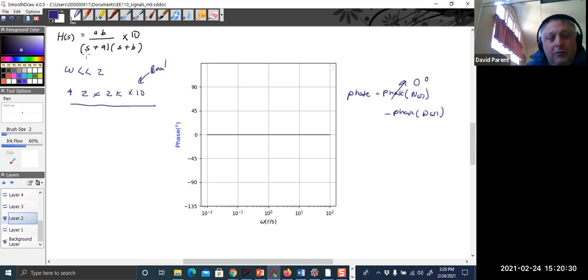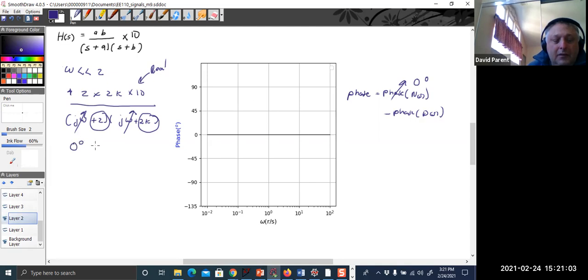In this example, I only have to worry about the denominator, j omega plus 2 and j omega plus 2k. Well, both of these j omega terms drop out, and I'm left with something real times something real. So it's 0 minus 0 equals 0 degrees of phase.